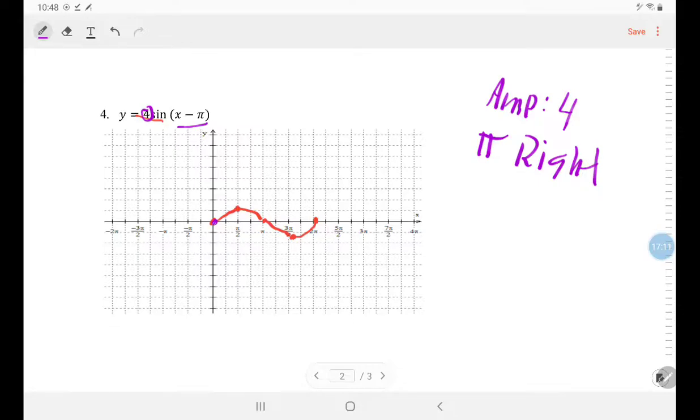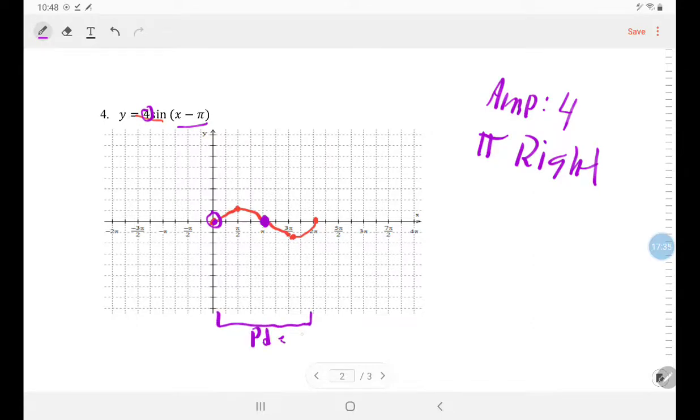So this point, when I multiply its y by 0, it's still 0. And then I phase shift it pi, or 4 little grids to the right. So this original starting point is now right here. This is where my graph starts. Now, what is the period of the sine function?